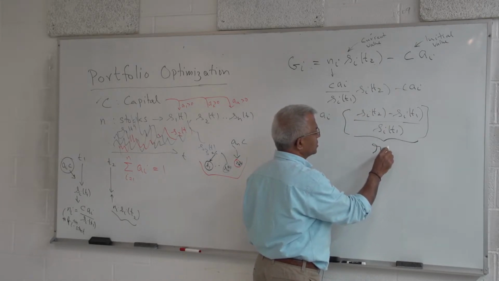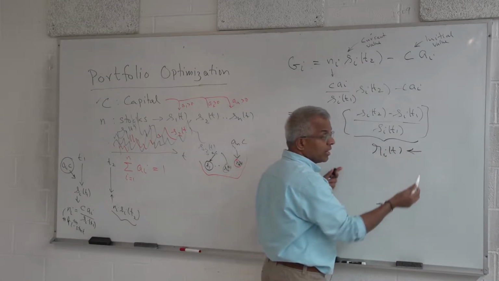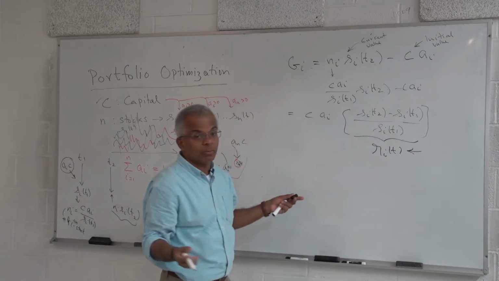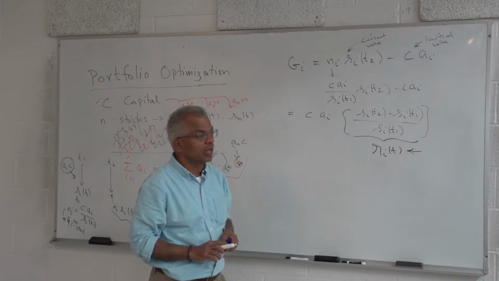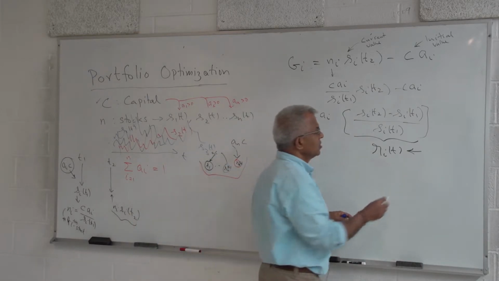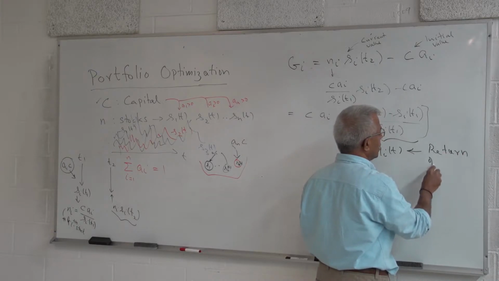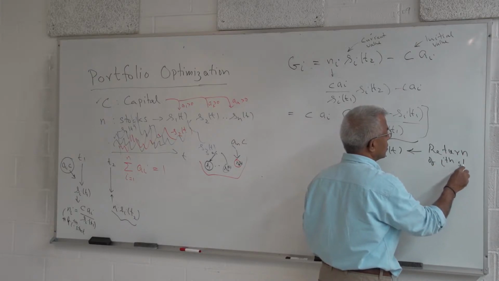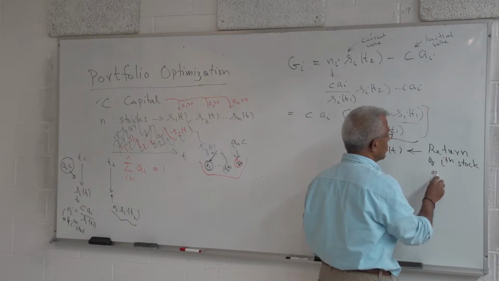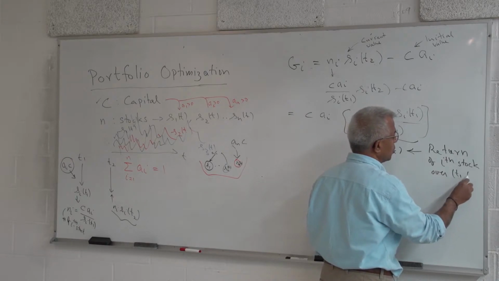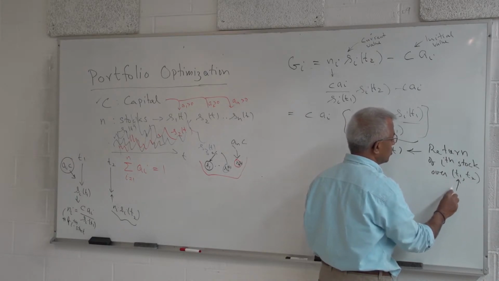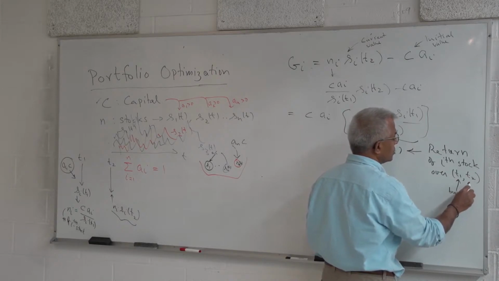This is the return over that duration. Remember, you only care about when you buy and when you sell. So this is the return of the ith stock over, of course, this duration T1 to T2. This is when you buy, this is when you sell.